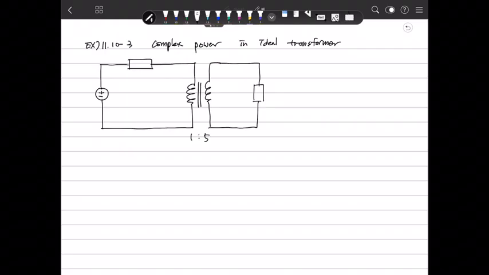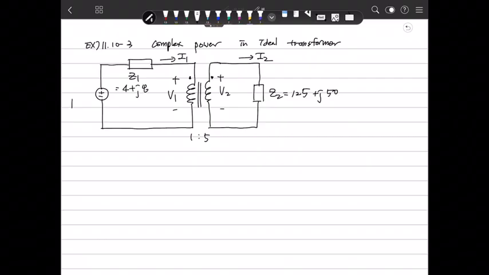There's a 1 to 5 turn ratio. This is V1, the phasor is V1, and define this as V2, and these are dots. Z2 is 125 plus j50, and define this as I2, and define this as I1, this is Z1. Z1 is 4 plus j8. That's it.